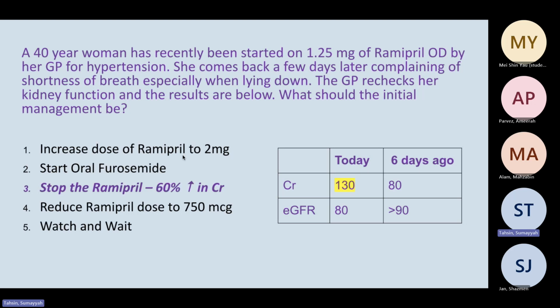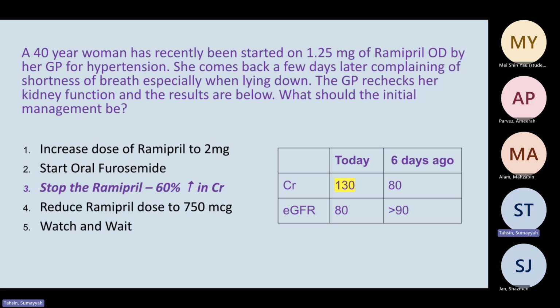So the answer is C. And the reason it is C is because ACE inhibitors, because of their mechanism of action, cause the creatinine to increase because they cause the glomerular pressure to slightly decrease. However, we only allow a rise in creatinine of up to about 30%.